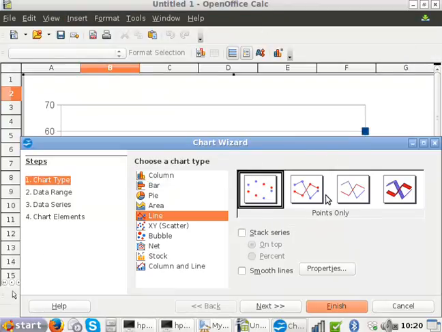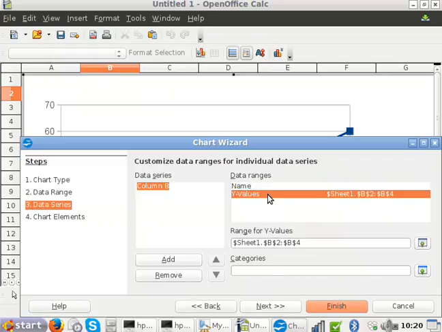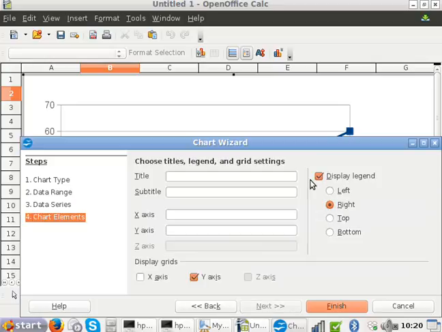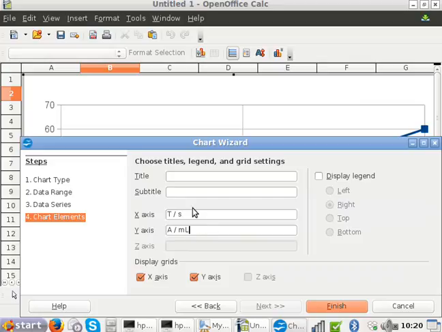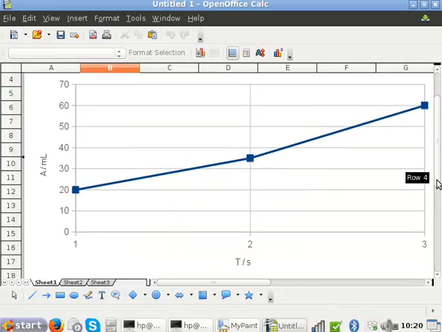Line, connected, X and a Y axis. This is time in seconds, activity in milliliters, lab stuff. Okay.